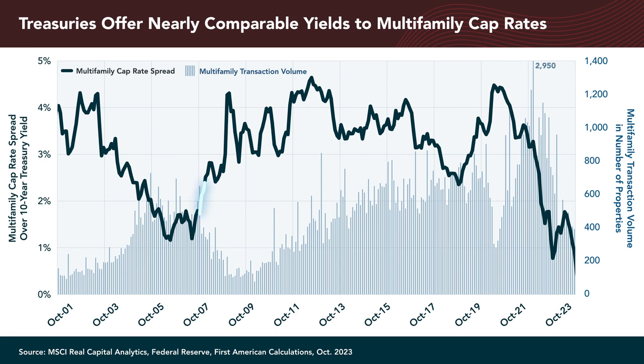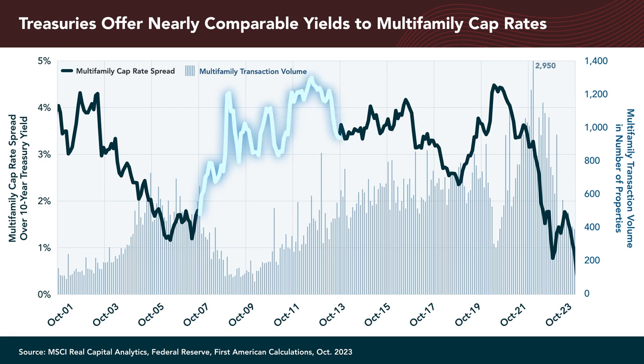As you can see, as the multifamily cap rate spread over the 10-year Treasury yield grows, multifamily transaction volume typically increases as well. Why? Because the income earned on multifamily properties has increased relative to the risk-free Treasury yield, and this incentivizes investors to purchase properties rather than Treasury bonds.